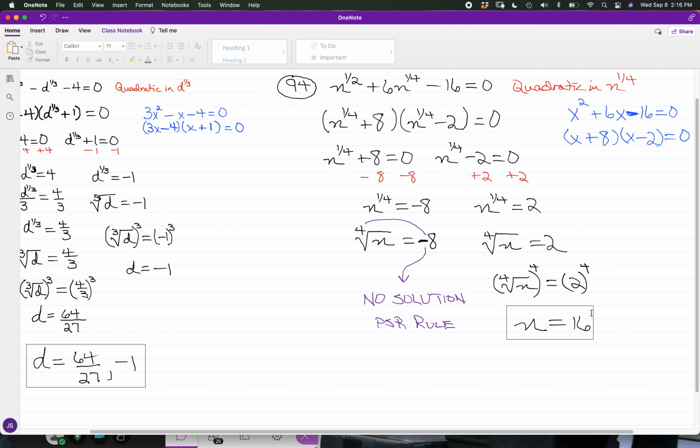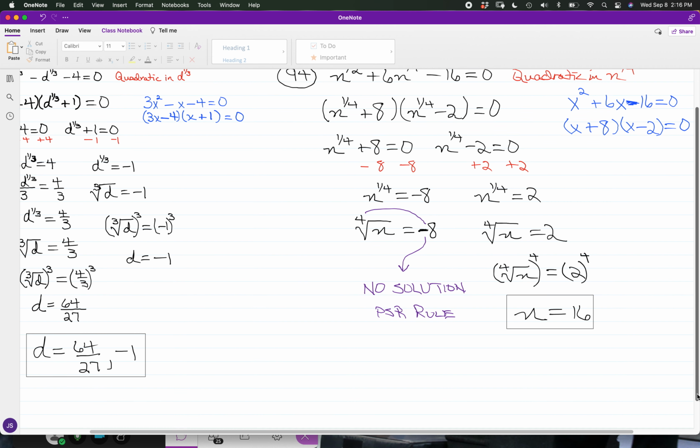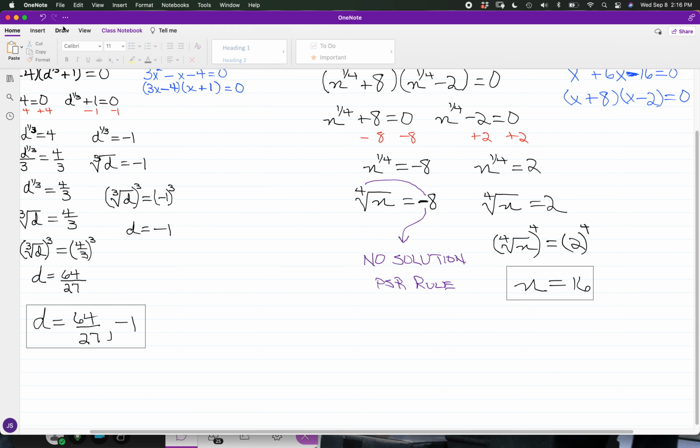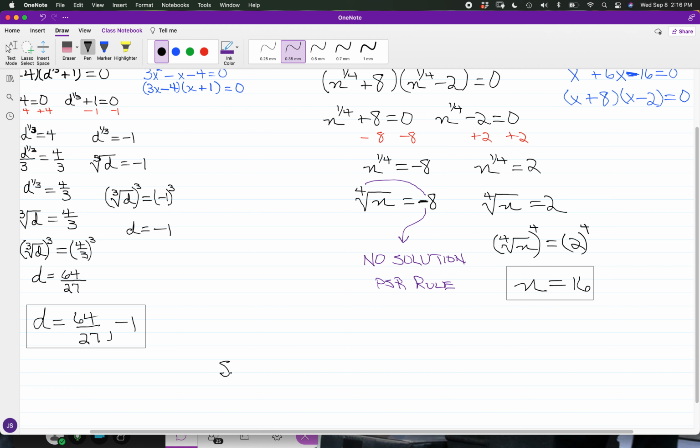All right, and now looking at what we have along the lines of working with equations that are quadratic in form, and we'll just go back to the variable x.